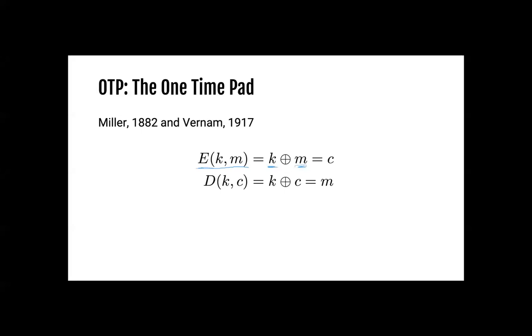On the other hand, the decrypted message is always equal to the key XOR C. And this makes sense because if you just do this, suppose that you have an M.